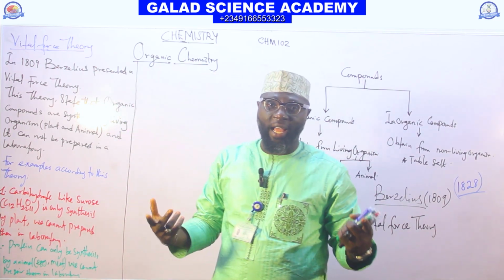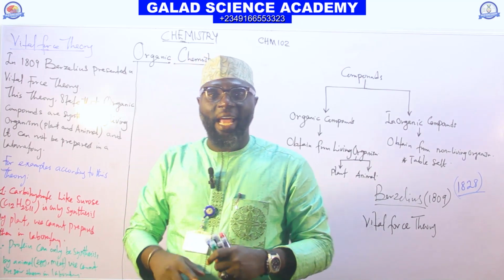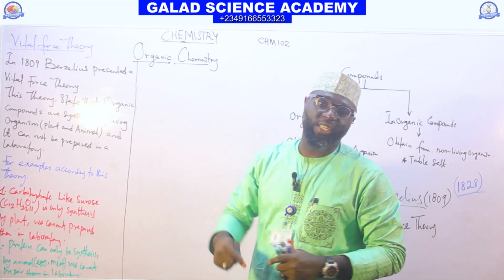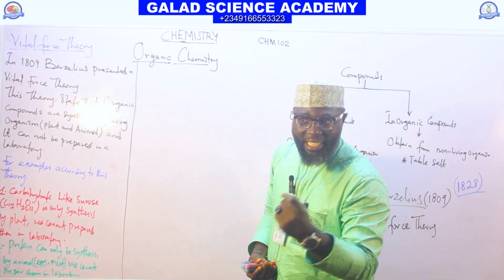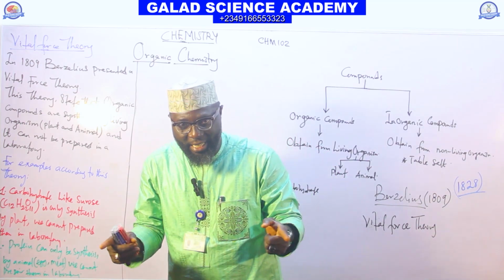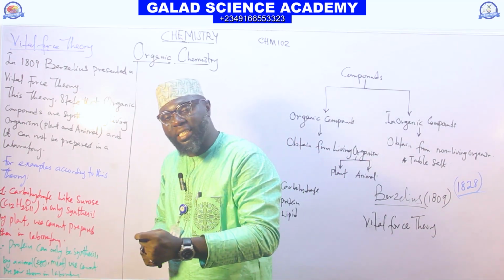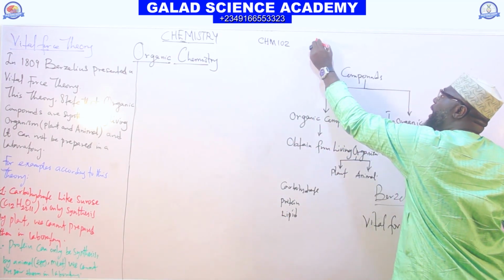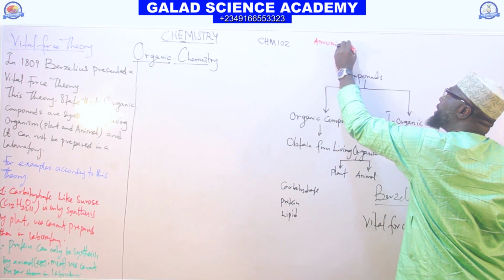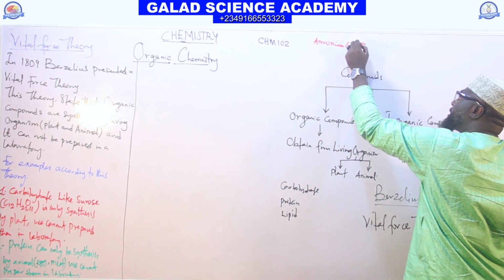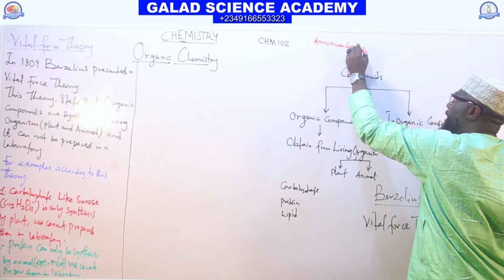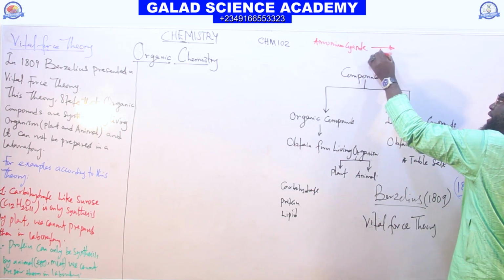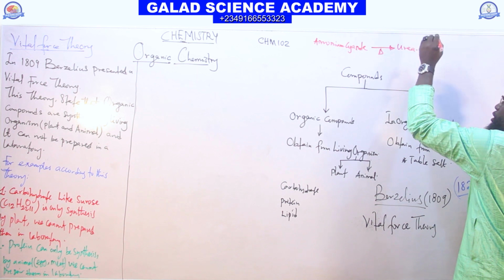He said, I, Friedrich Wöhler, from Germany, can synthesize an organic compound in the laboratory by heating ammonium cyanide, and it gives urea.